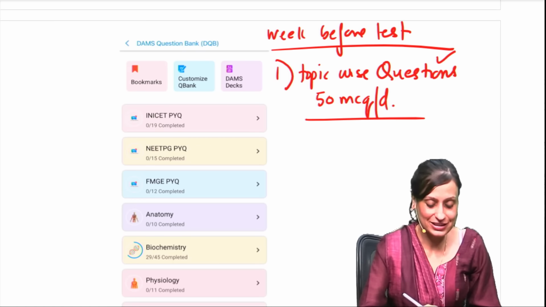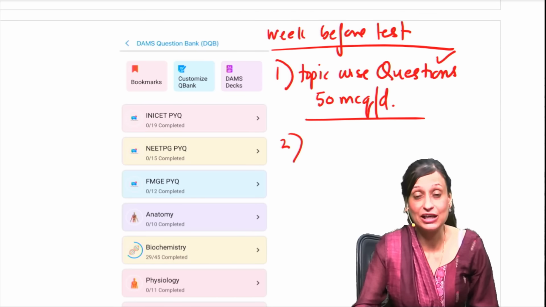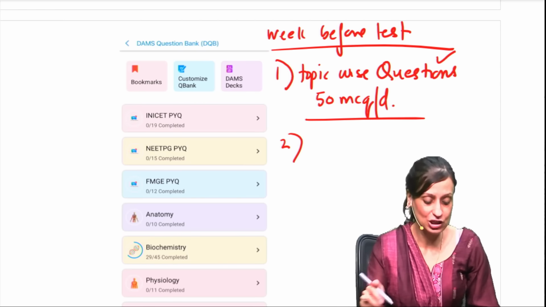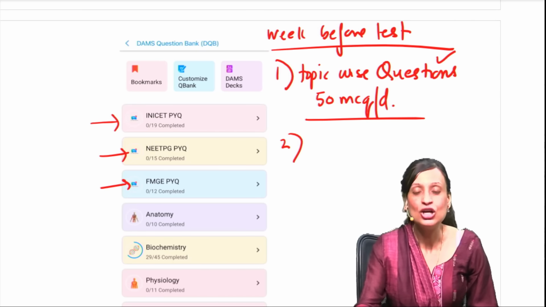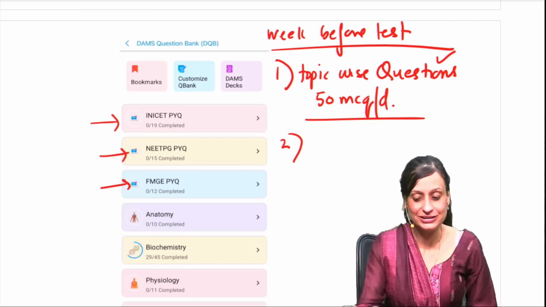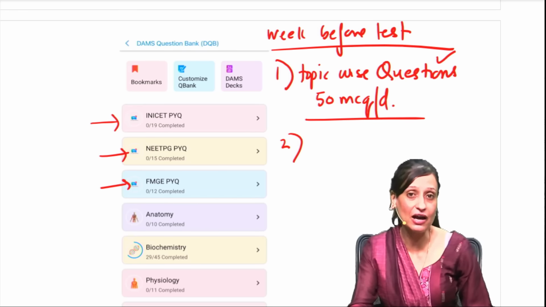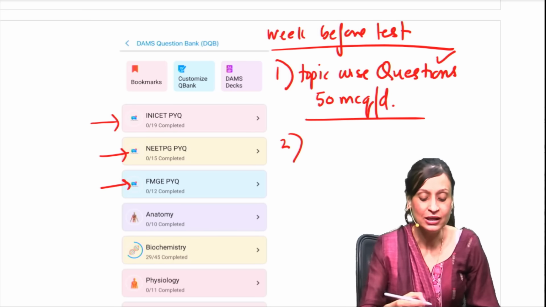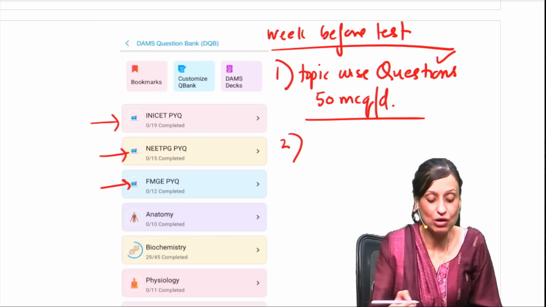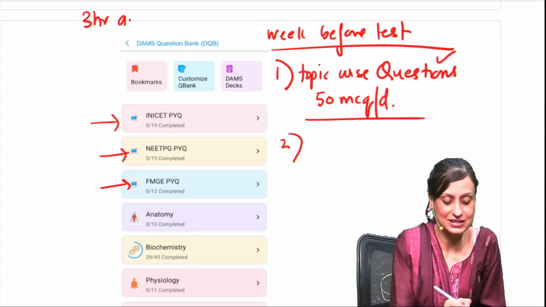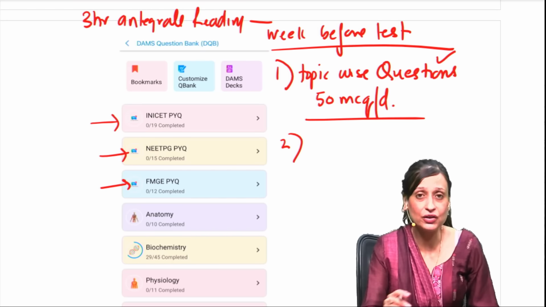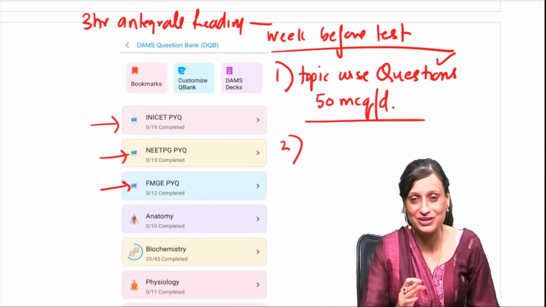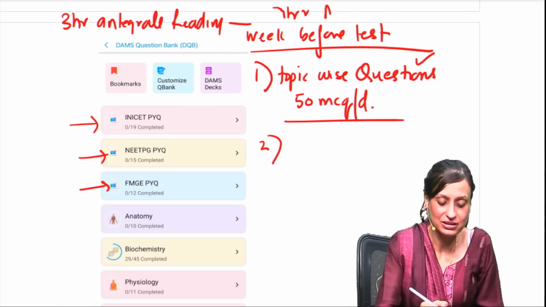The second MCQ practice that I want you to do from the DQB is the section called PYQs, right? So if you are dedicating today, let's say, 3 hours to anti-grade reading of notes, then you can dedicate the next 1 hour, or even 30 minutes in one slot, for MCQ practice.